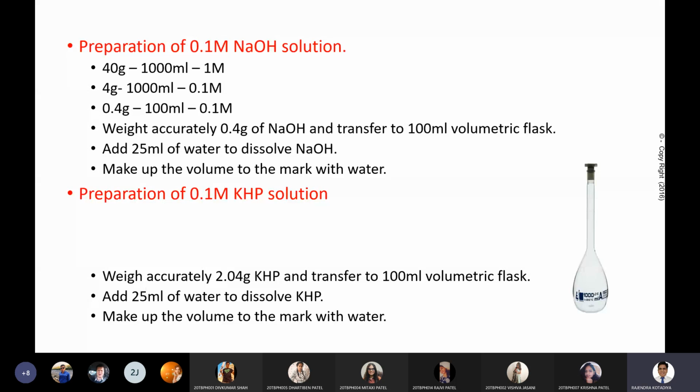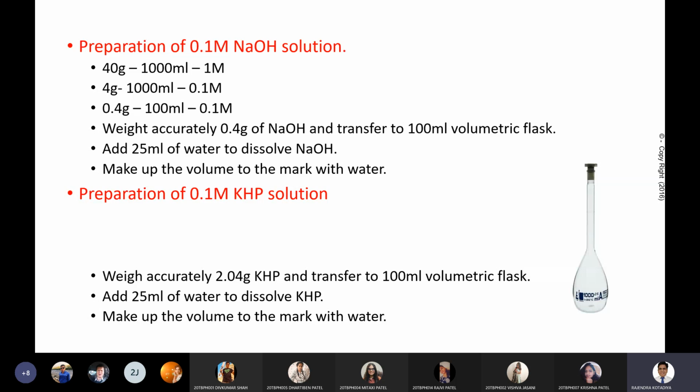So the actual preparation will be like this. Weigh accurately 0.4 gram of NaOH and transfer it to a 100 ml volumetric flask. To that, add a few ml of water, say for example 25 ml of water, to dissolve the 0.4 gram of NaOH.